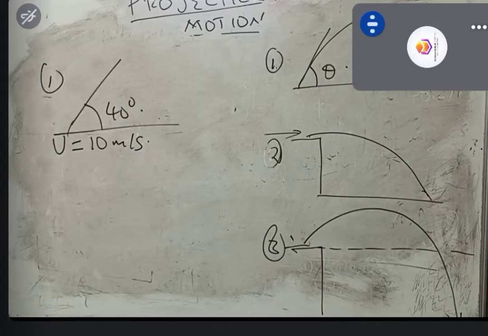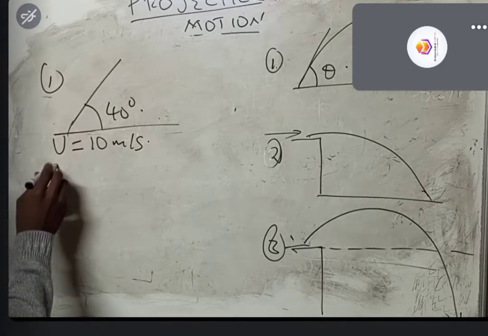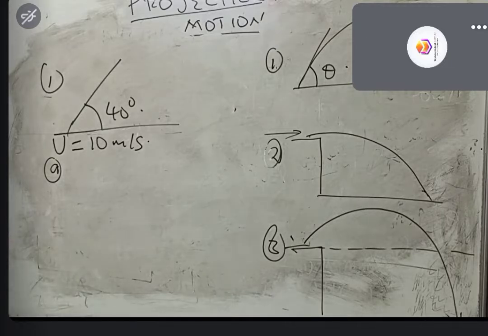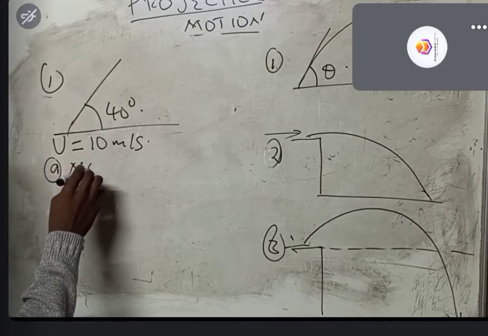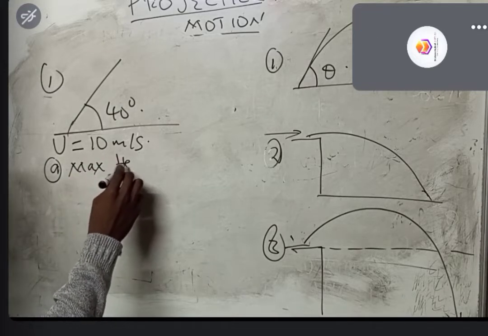I'll start with a basic question. So have we understood? You've kicked a ball that is making an angle of 40 degrees to the horizontal with an initial velocity of 10 meters per second. The first question they're going to ask you, these are the possible questions: find the maximum height.